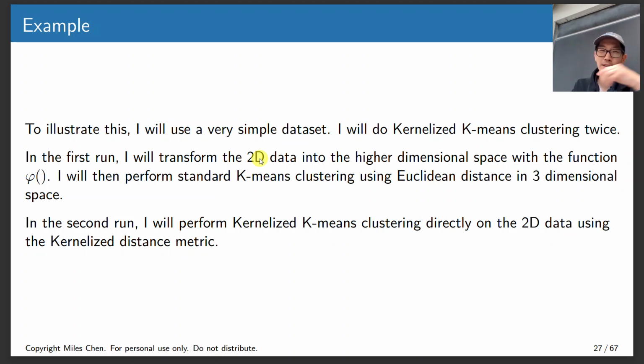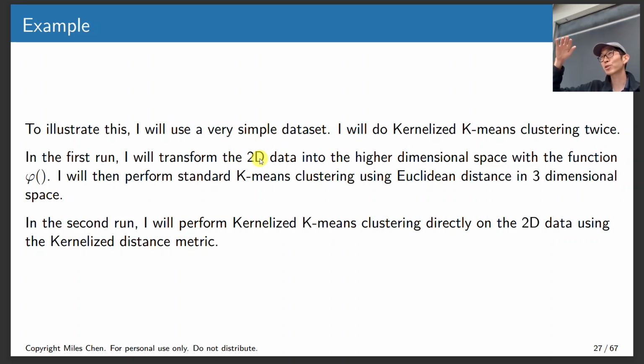Okay, so let's back up for a second, and let me work through a very, very simple example. I'm going to do kernelized k-means clustering 2 times. In the first run, I'm going to start off with 2-dimensional data, and then I'm going to actually do the transformation into 3 dimensions, because 3 dimensions we can calculate and visualize.